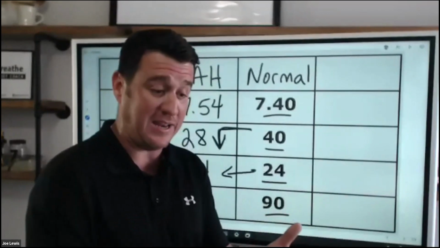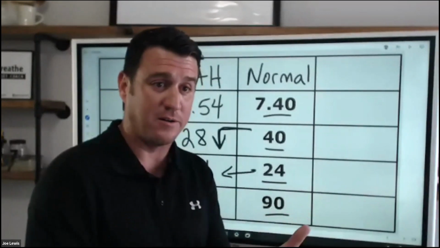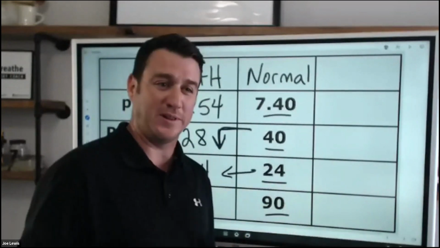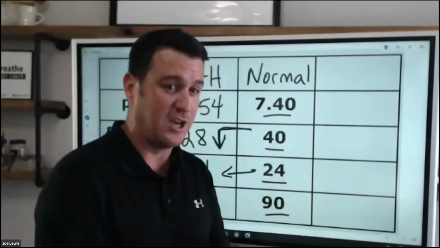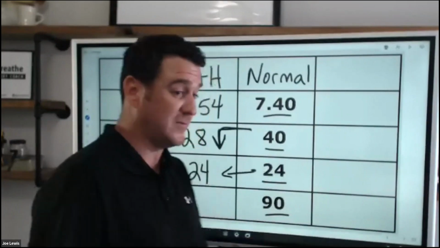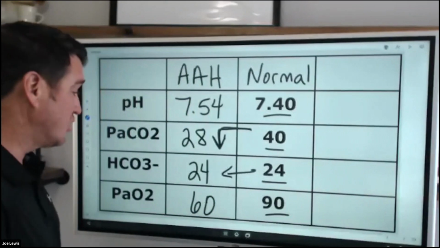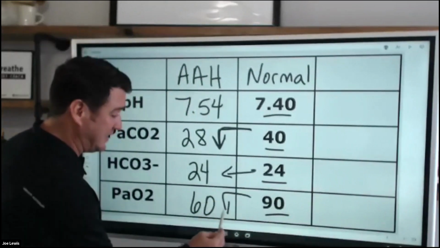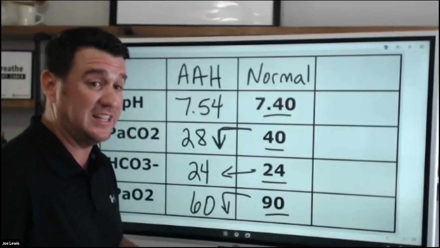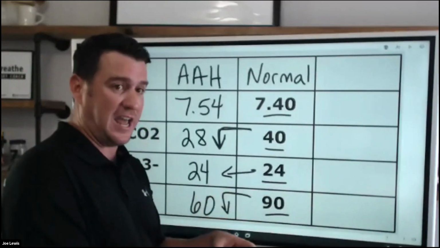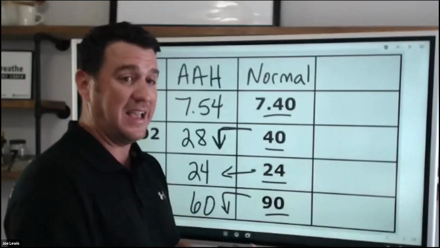Remember, I said pain, anxiety, fear, all of those things can cause somebody to hyperventilate. But as respiratory therapists, what do you think is the biggest cause of somebody hyperventilating? Yep, you guessed it, hypoxemia. So you see where our PaO2 has decreased. Maybe this person is developing a pneumonia and they have a shunt now present and they are becoming hypoxemic.